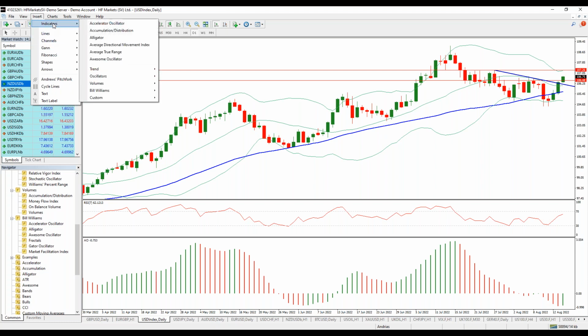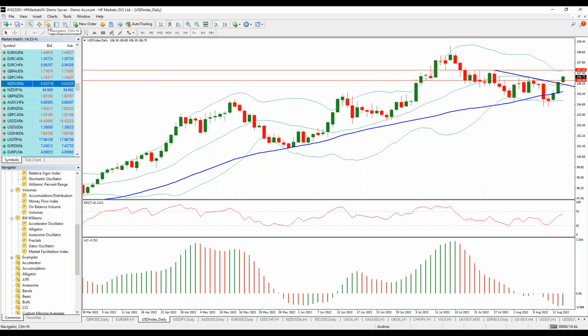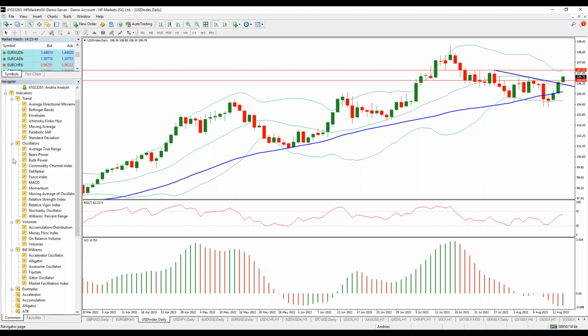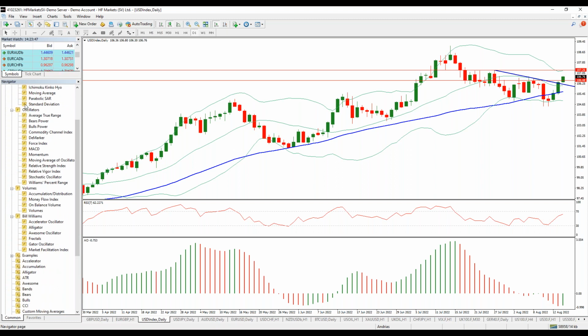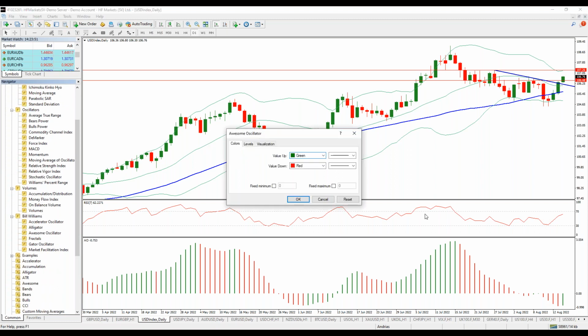You go down to the Bill Williams and you choose Awesome Oscillator. Alternatively, if you enable your navigator over here, you can drop down, go to the Bill Williams ones, and drag and drop it.